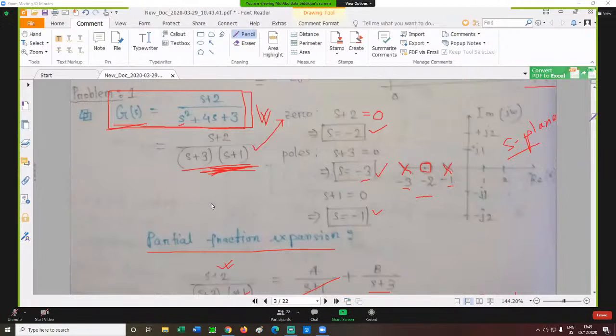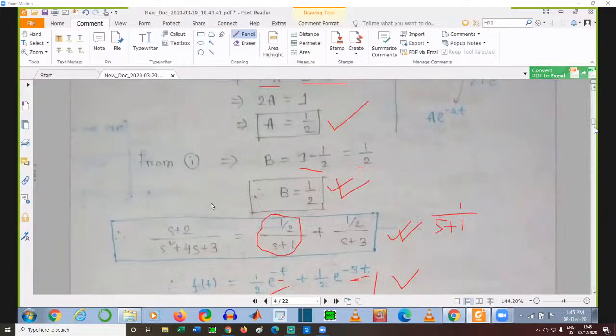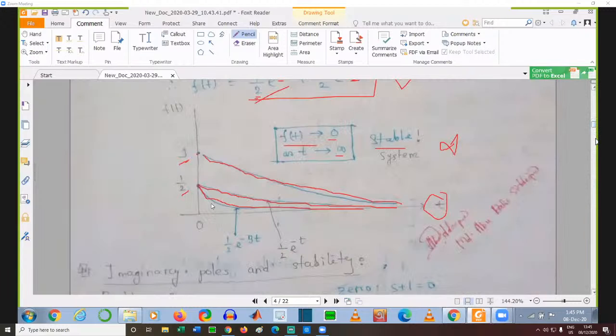But in the time domain, you have to do some work to get that. You have to plot the time domain function, then you get that the system is actually a stable system. Okay.